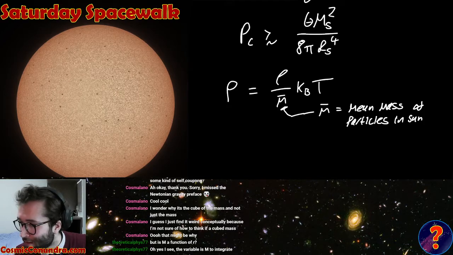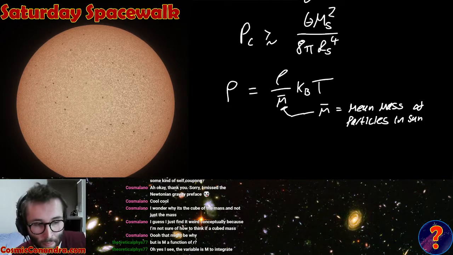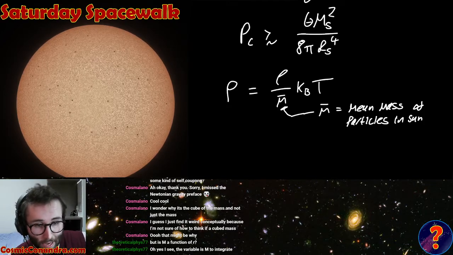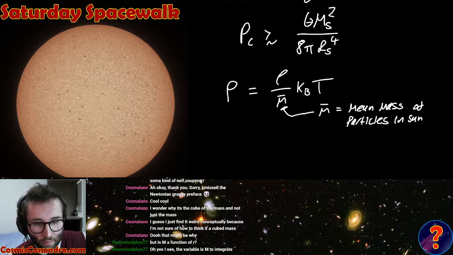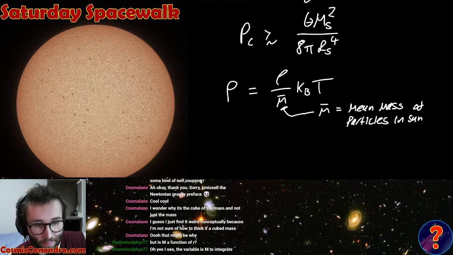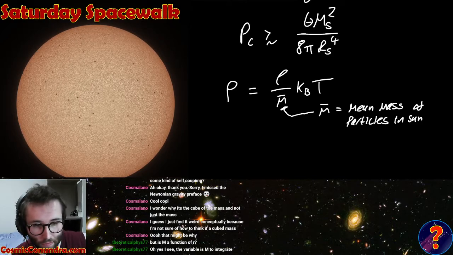So if you wanted to work out the mean mass of a single particle, you would take the total mass of electrons plus the total mass of protons and divide it by the total number of all of those things.